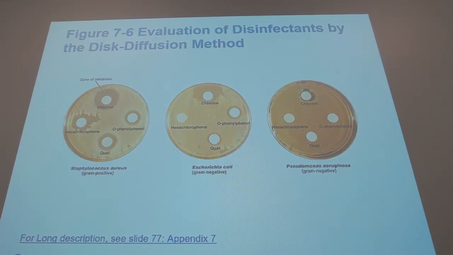Use it on the countertops, eventually it will destroy them. So you cannot use chlorine everywhere. Now, for hexachlorophene, in this case, it is only good for Staph aureus, but not for these other two. So this won't be a good choice when you don't know if something is a gram positive or a gram negative.